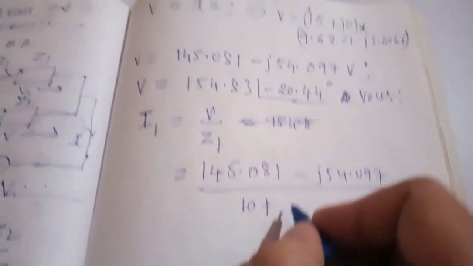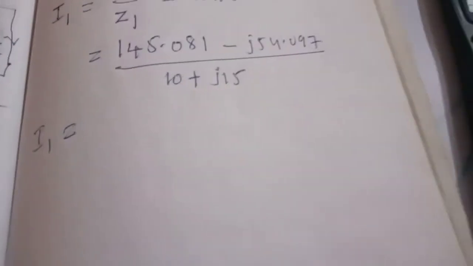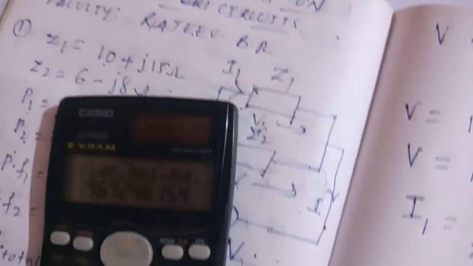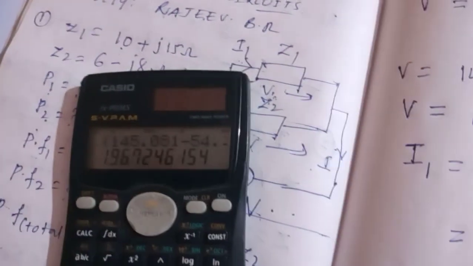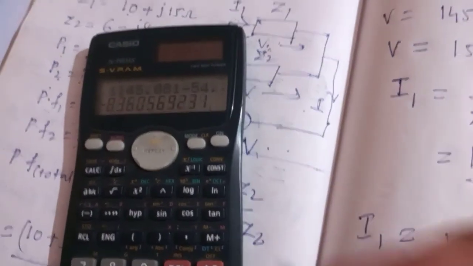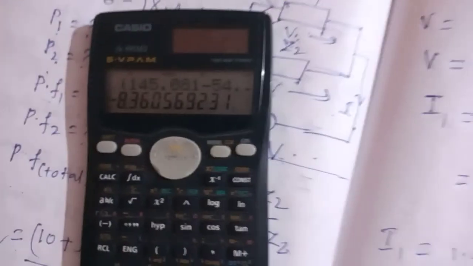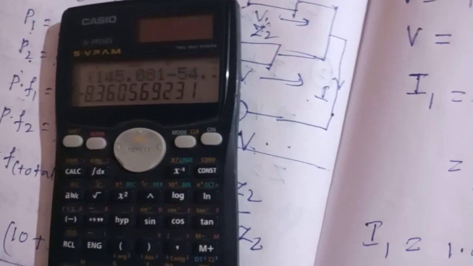Z1 is 10 plus j15. It will come around I1 is equal to 1.9672. If you want imaginary, shift is equal to minus j 8.36056, so and so amperes.